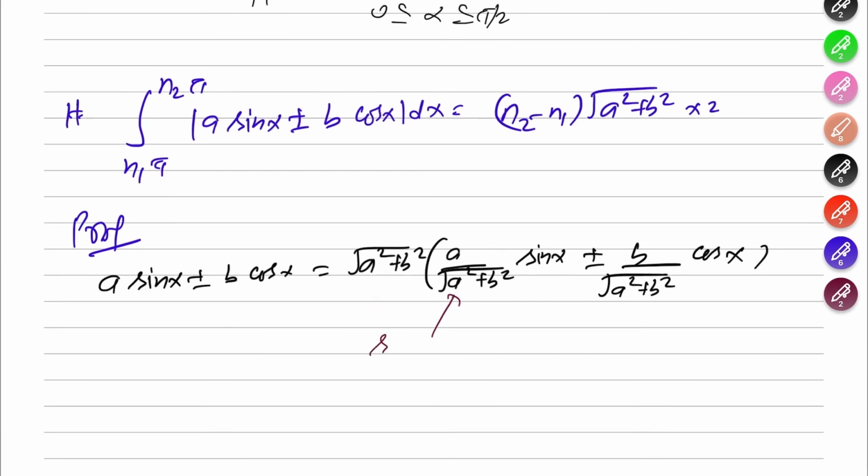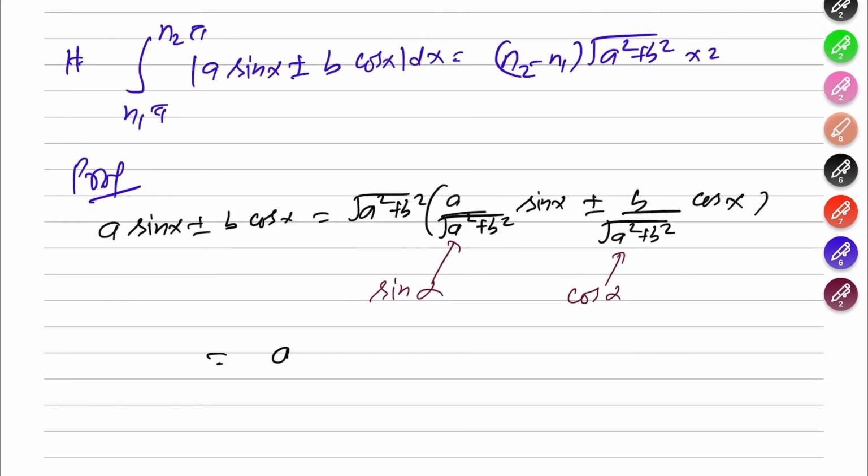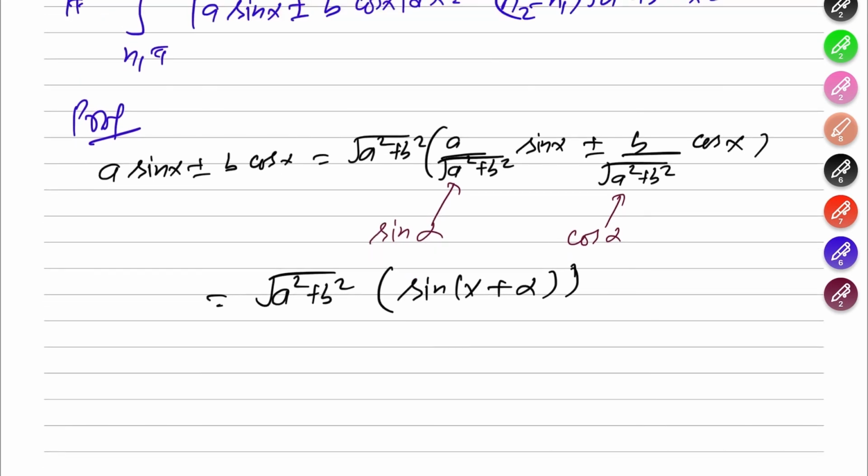Now these can be assumed as sin alpha and cos alpha. So our expression is square root of a square plus b square times sin of x plus alpha.